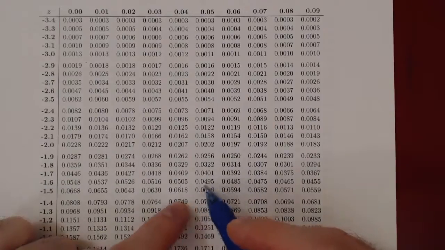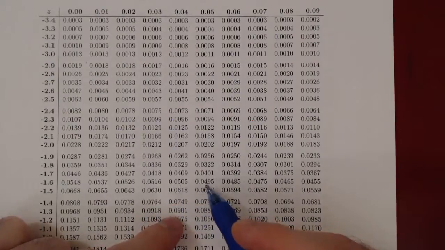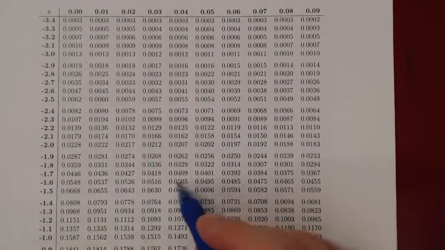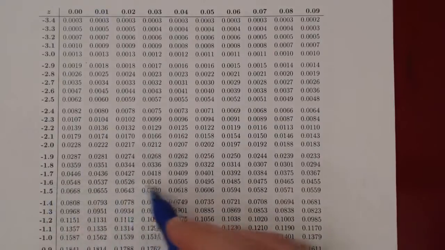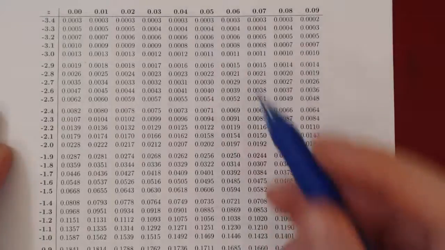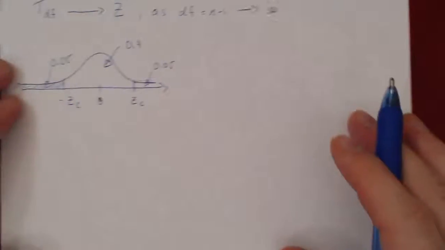Here it's 0.0505. They're both equally close to 5%. You can pick, when you have a tie like this, either one. Let's pick, say, this one. So then with a probability to the left of roughly 5%, the z-score is negative 1.6. If we go up, negative 1.65. And that was the value of negative ZC.